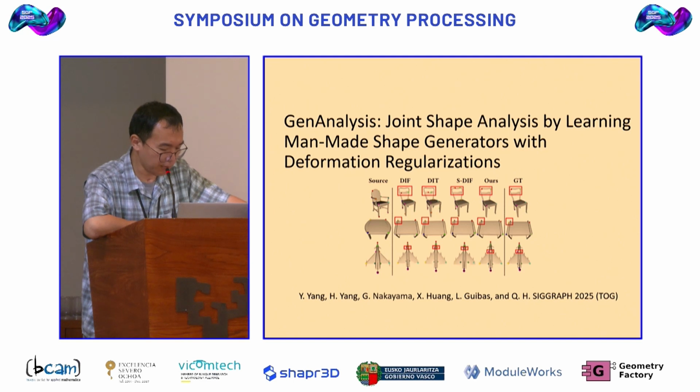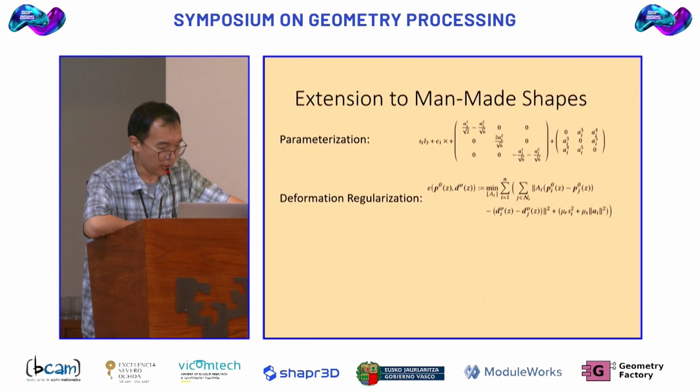So this year, we extend this idea to multiple shapes. As I mentioned, you only need a mesh parameterization locally. So what you really need is to change the deformation energy so that it's applicable to multiple shapes.